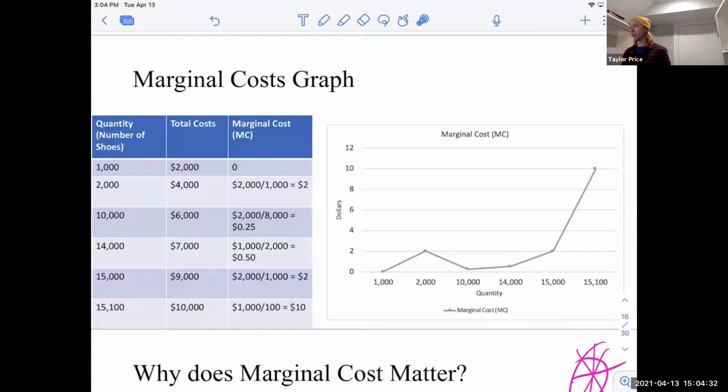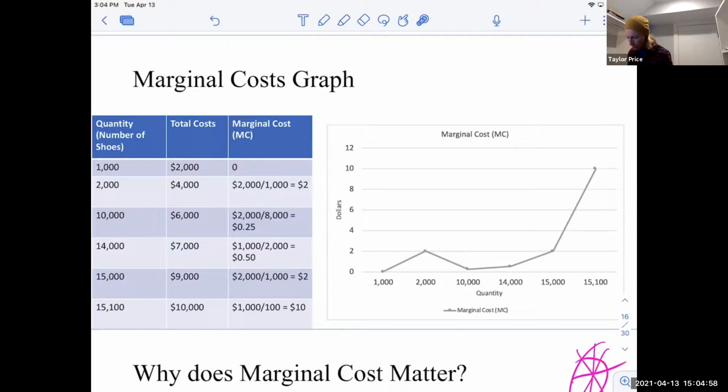That's a good question. I'll get into this a little bit later, but it's important to understand that there is a difference early on in marginal cost.